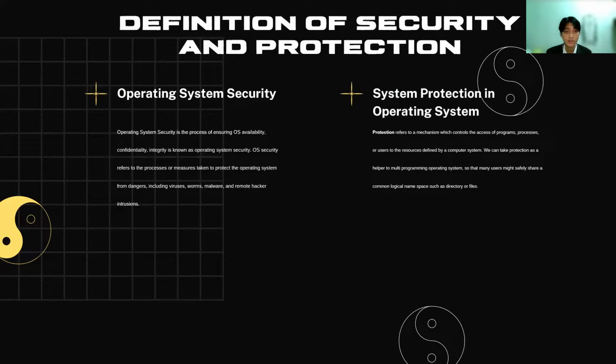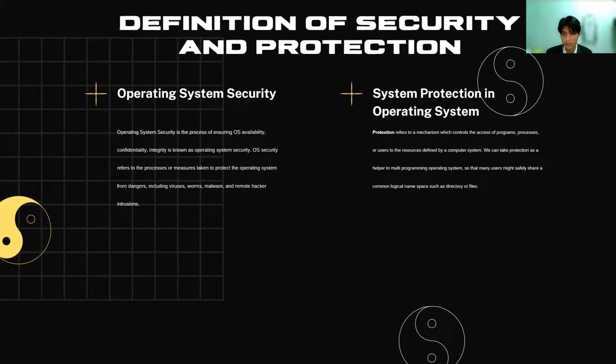Definition of security and protection. Operating system security is the process of ensuring OS availability, confidentiality, and integrity. OS security refers to the measures taken to protect the operating system from dangers including viruses, worms, malware, and remote hacker intrusions.